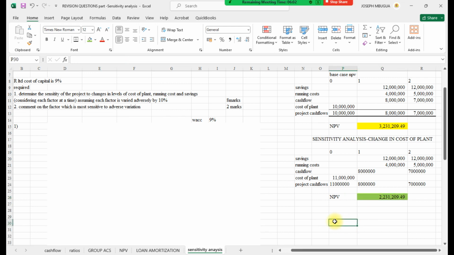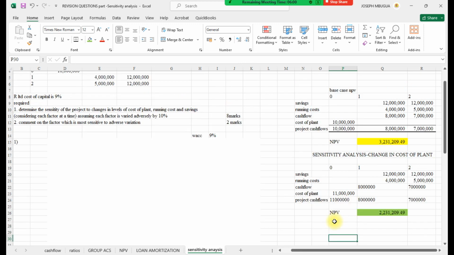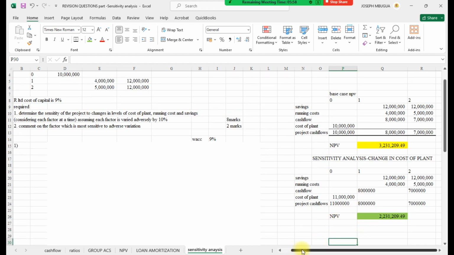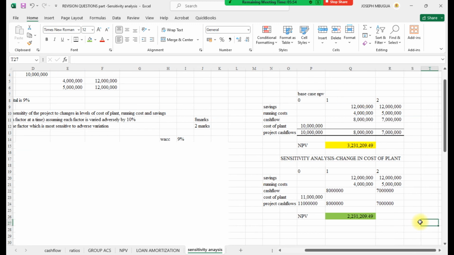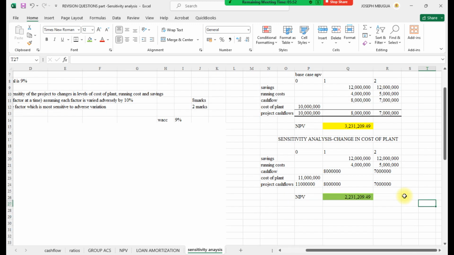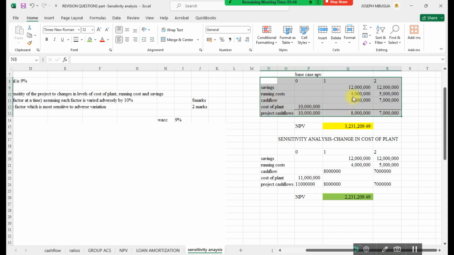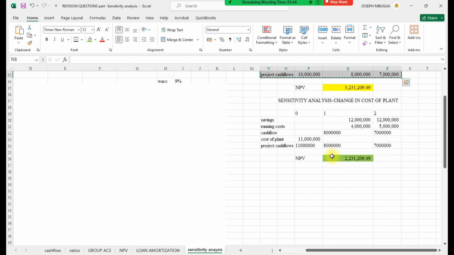The next, you're supposed to vary now the running cost. We vary the running cost. Can still copy the initial amount. I'll paste it twice. So here is for running cost.